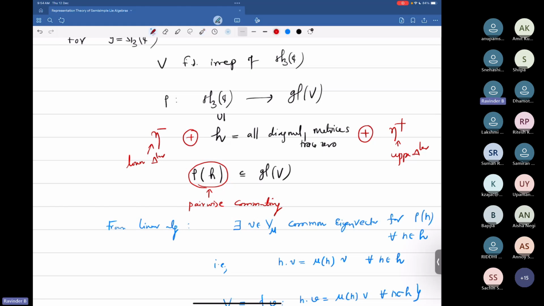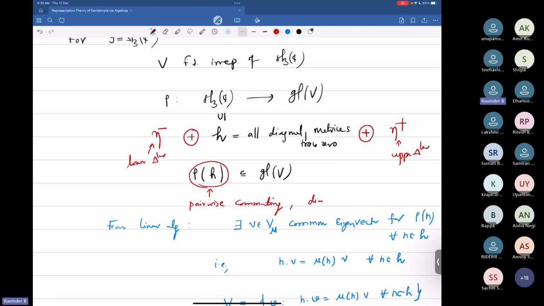And H is diagonal matrices, it contains diagonal matrices. So the fact which is not covered here is that rho of H also consists of diagonalizable matrices. This is something extra I needed to get this triangular decomposition, and I'll go further.